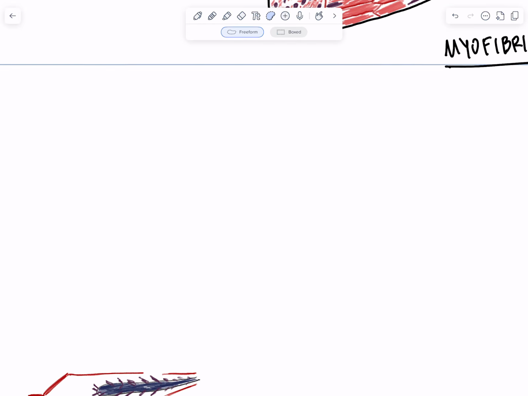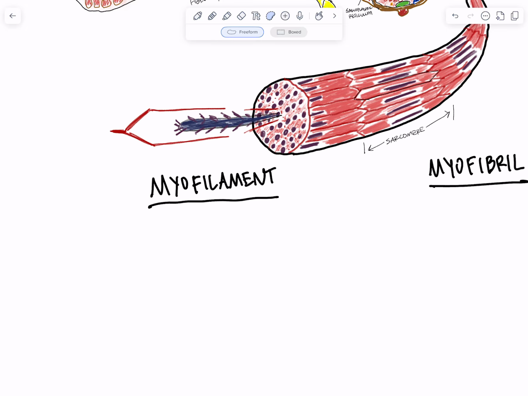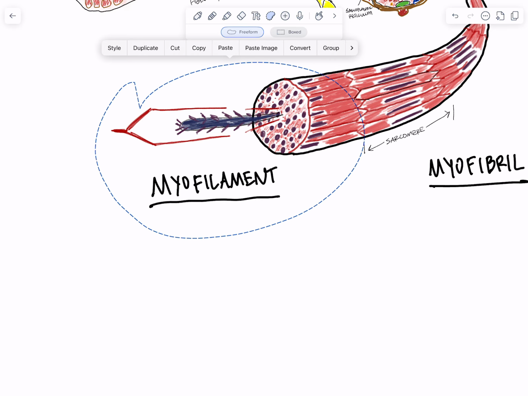And if we go deep down into the myofibril, you see these purple and red dots. So these are going to be your myofilaments. And let's imagine that we pull out one of these myofilaments. What would that look like? So let's put this one right here.